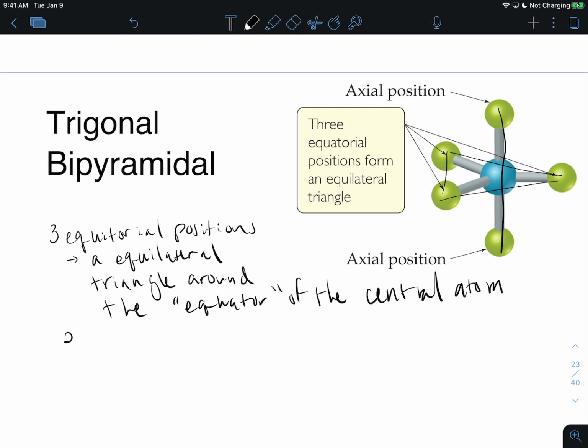And then we have 2 axial positions. And this is along the z-axis.